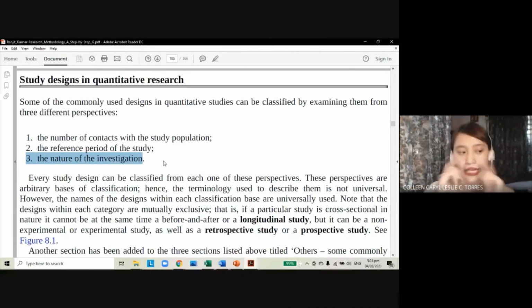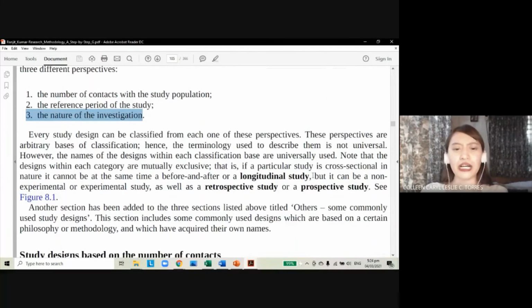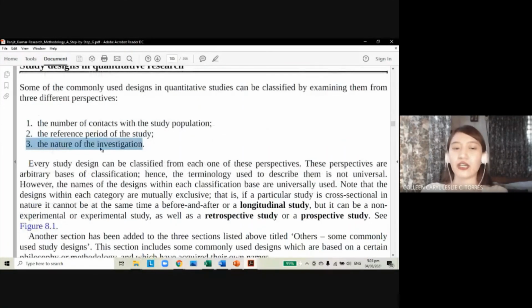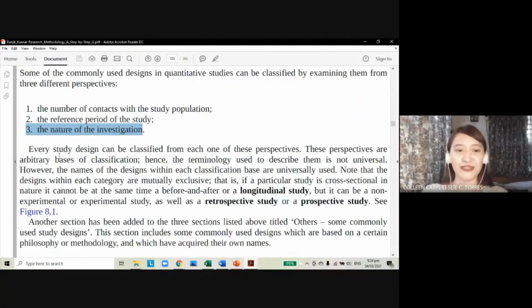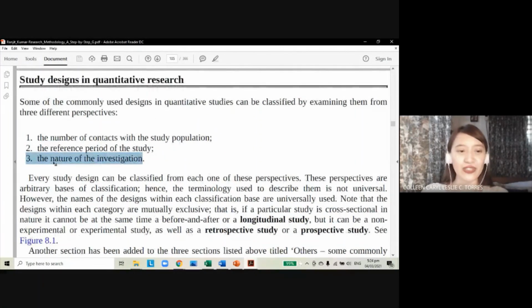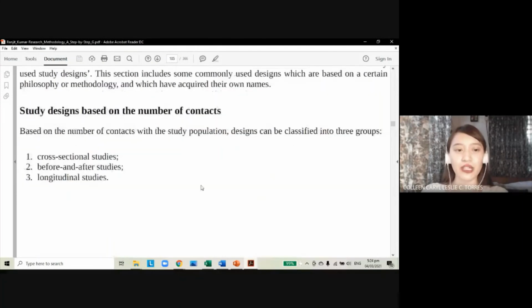So it's almost time, but in any case, just to point that out. I'll just end the class here since this is more of what we can discuss for the time. Looking through here, under the number of contacts with the study population, we have these types of research designs: cross-sectional, before and after studies, and then longitudinal.